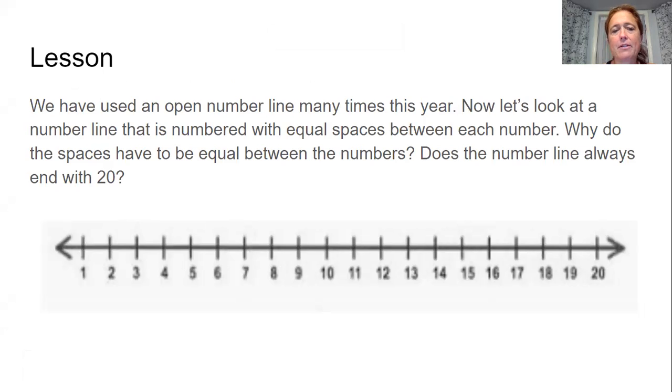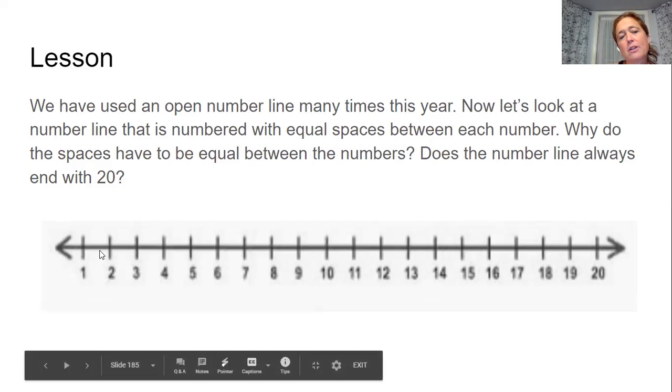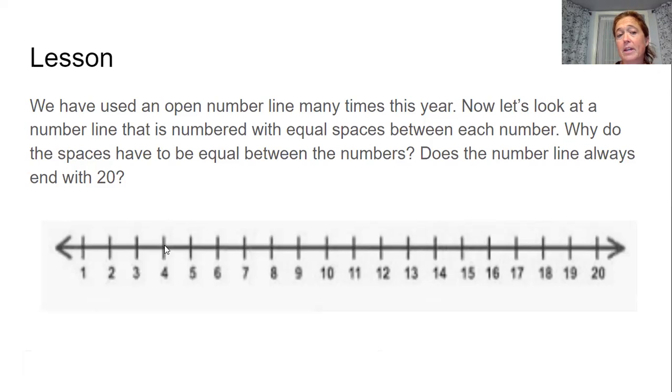Take a moment and think about that. The reason why there should be equal spacing is because there's equal amounts between each number. Also, if you don't have equal spacing, then when you're counting, you can't see the numbers as equal numbers.